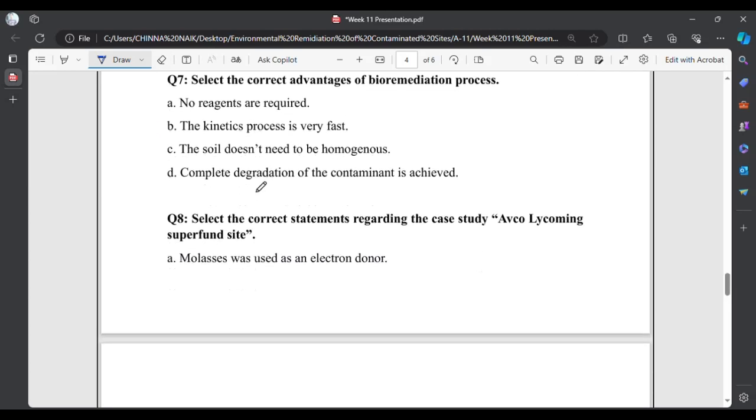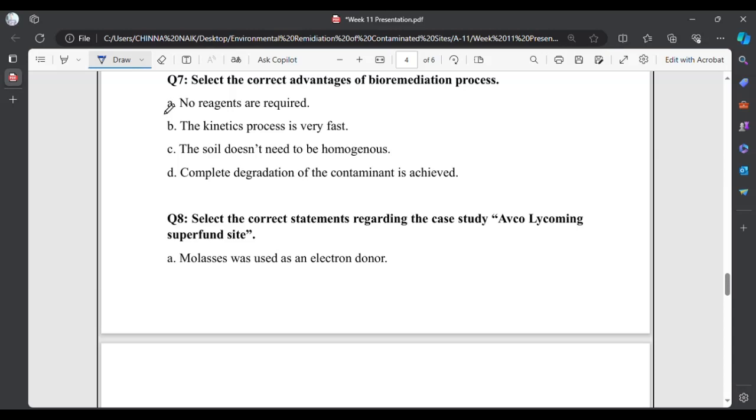So next, question number 7. Select the correct advantages of bioremediation process. Option A, no reagents are required. Is it true? They are talking about the bioremediation process, not soil vapor extraction.